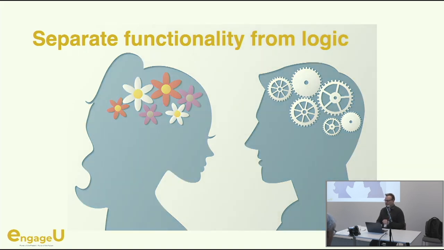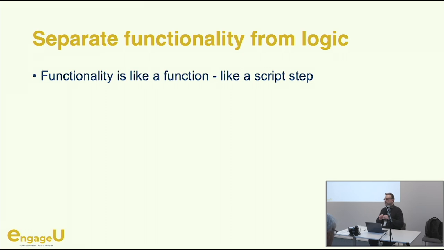So functionality is like a function. When you write a script, FileMaker has made all these script steps for us. That's a function, right? And we can just use a function like that: set fields, commit, send mail, whatever. And that is really nice. But beneath that is a whole ton of code, right?